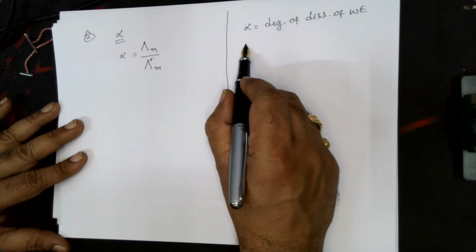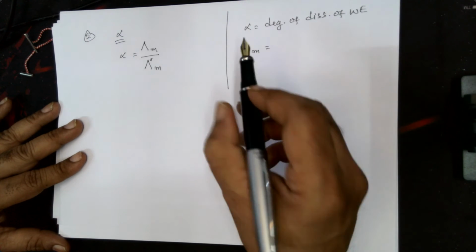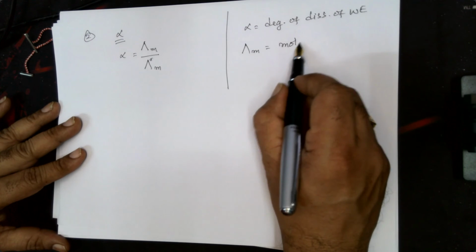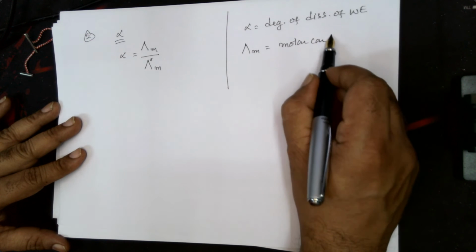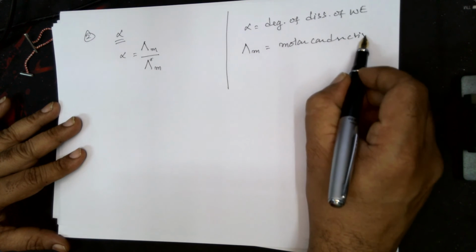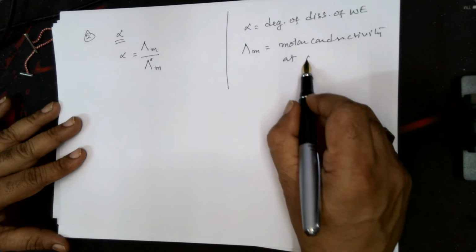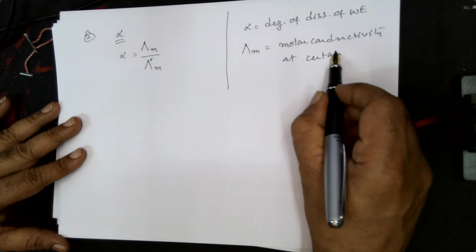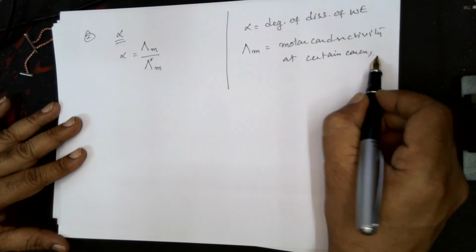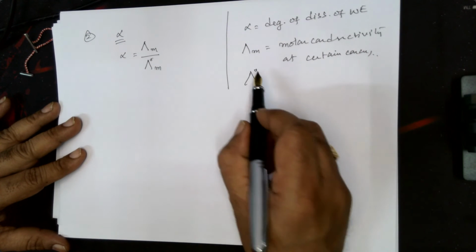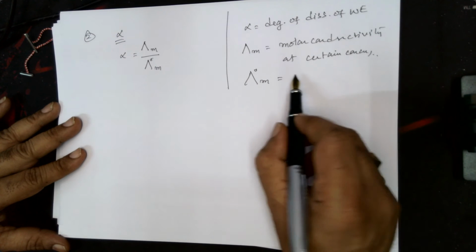And what is lambda m? Molar conductivity at a certain concentration, and this is the molar conductivity at infinite dilution.